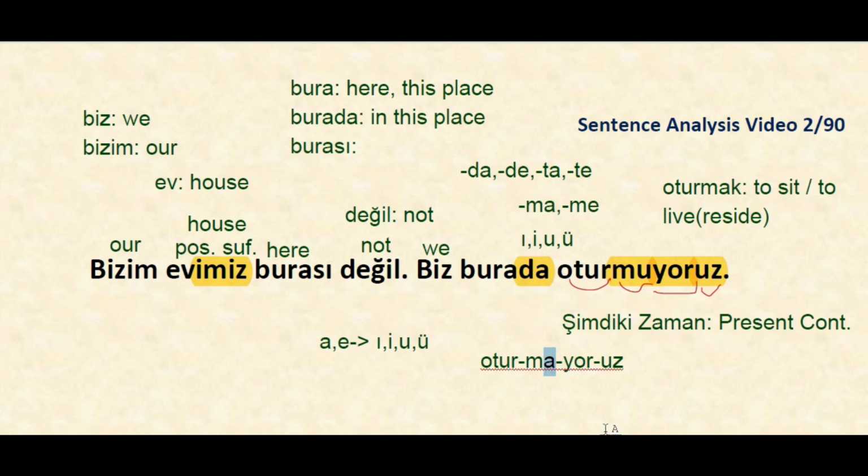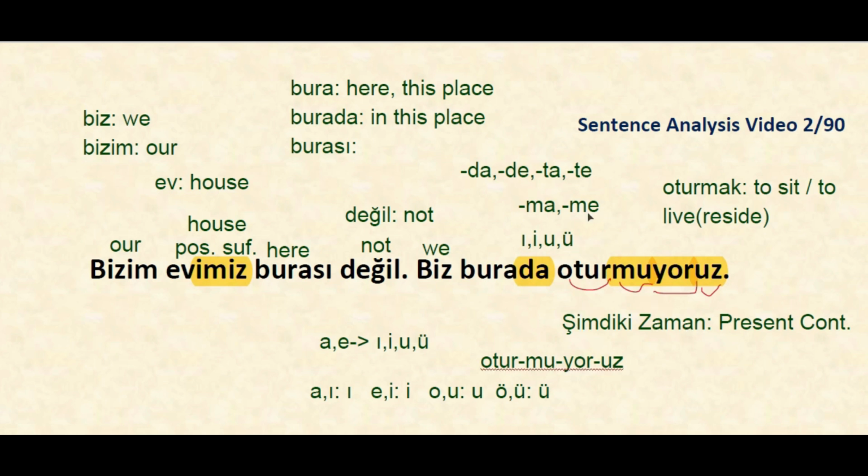When you remove the a because of yor, you check the previous vowel, and in the four-way vowel harmony rule you use ı after a or ı, i after e or i, u after o or u, and ü after ö or ü. In this case we check the last vowel, and that is u, and we see that after u we use u. So that's why it becomes oturmuyoruz.